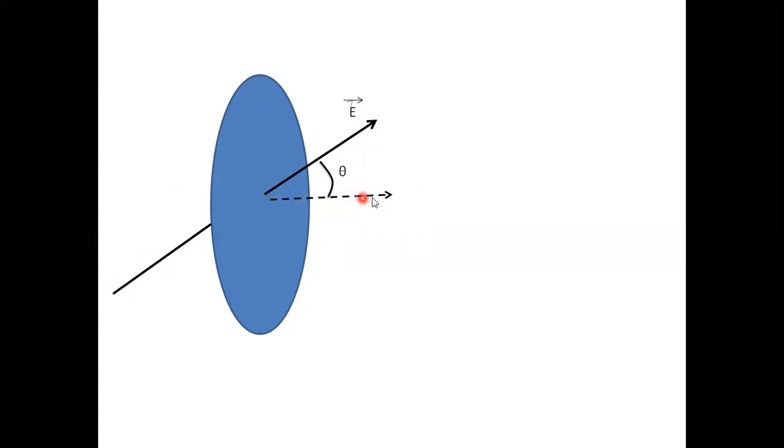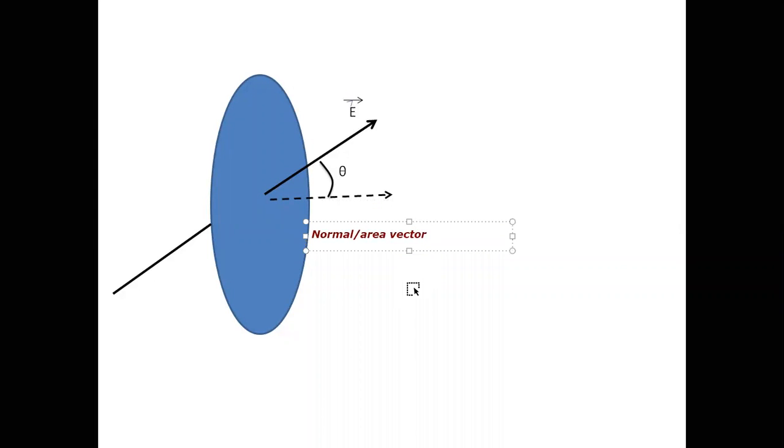Remember, this dashed line is nothing but my normal vector, or area vector. So theta is the angle between this electric field E and the normal vector.